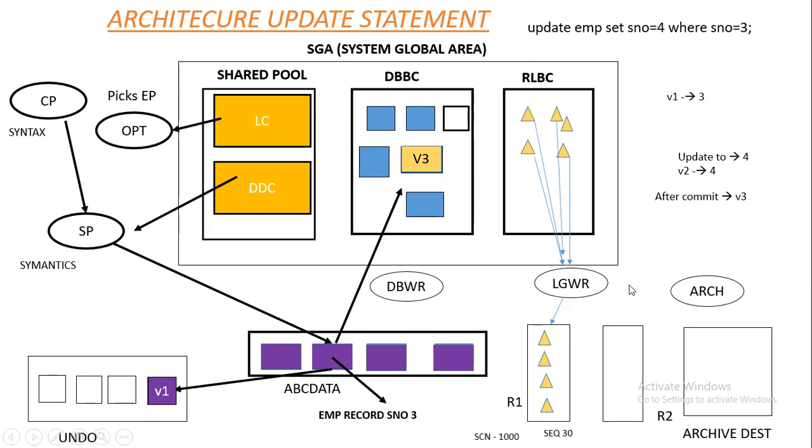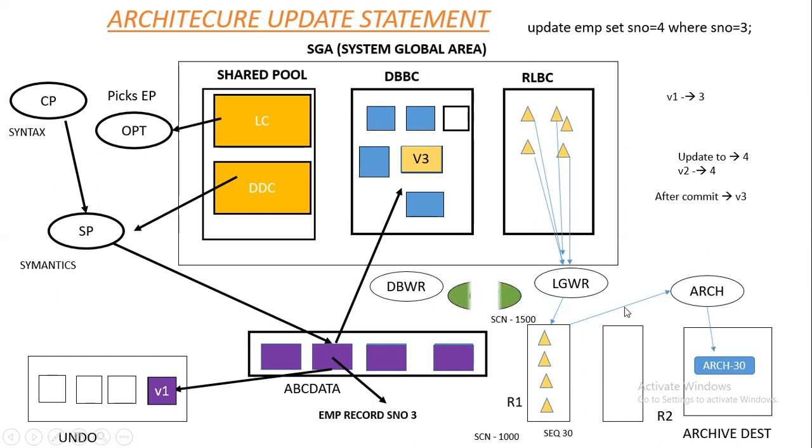Let's assume SCN number 1000 is where log writer started writing, and SCN number 1500 is where it stopped writing. SCN 1500 is the checkpoint value. Whatever the content is there will be taken by the ARC background process, which creates an archive log file with the sequence number.